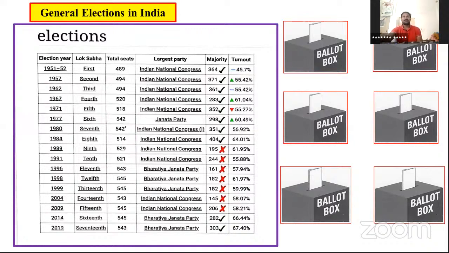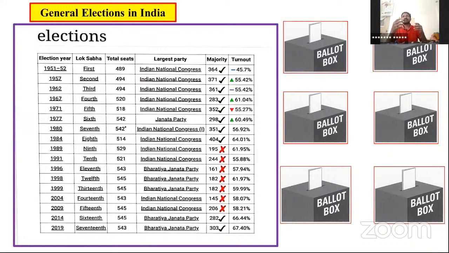Look at this. At the time of the first general elections, the Election Commission was facing a number of problems to conduct the elections. Why? Because most of the people were illiterate. How can they understand the election process?